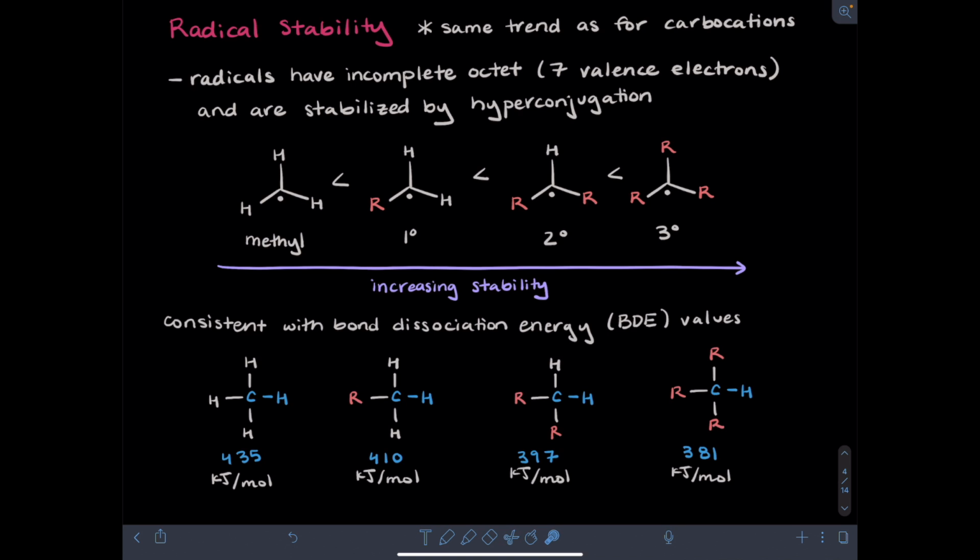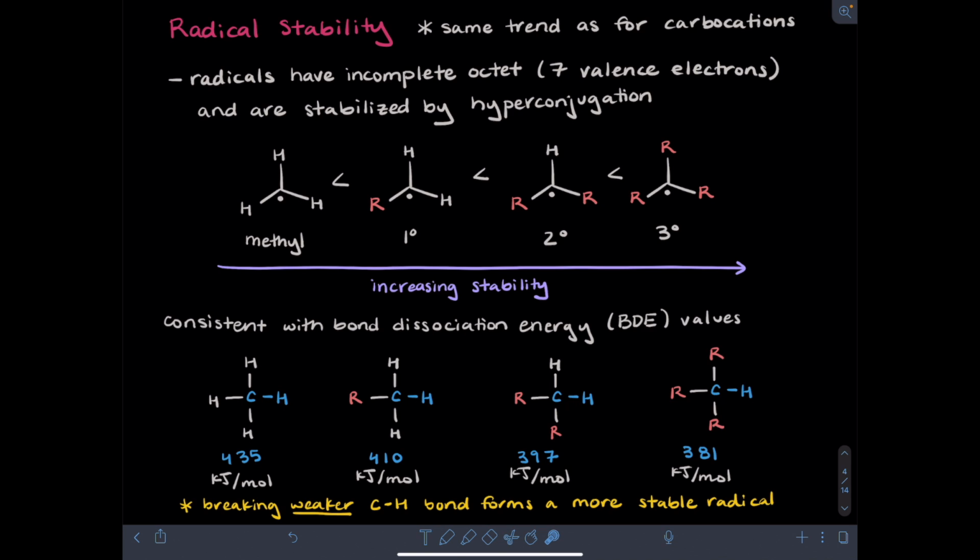So recall that bond dissociation energy gives us information about how strong a bond is. The bond dissociation energy for this carbon-hydrogen bond in methane is 435 kilojoules per mole. And notice that the carbon-hydrogen bond strength drops, going from a primary carbon-hydrogen bond to a secondary one to a tertiary one.